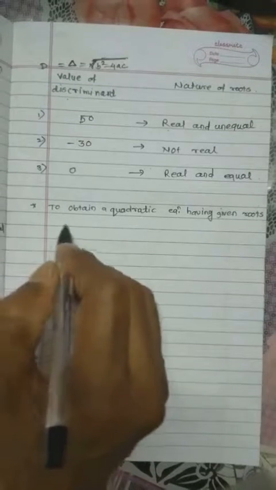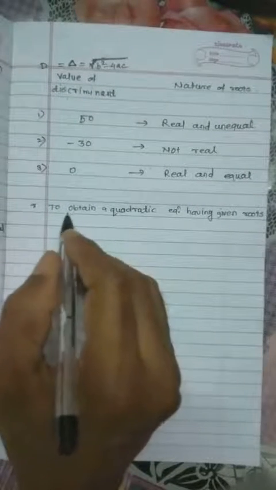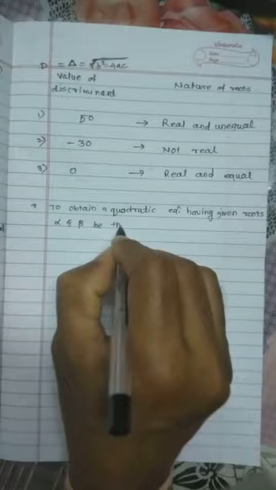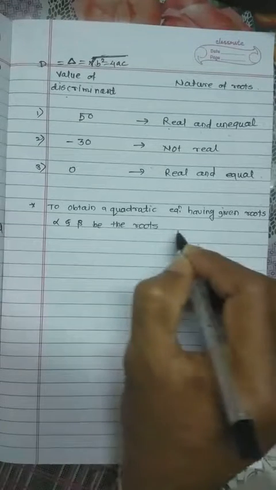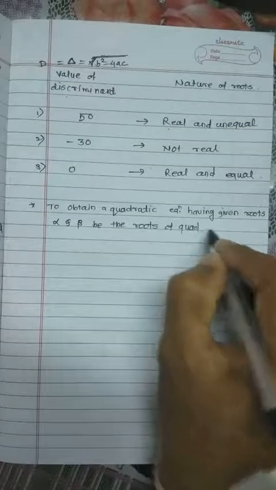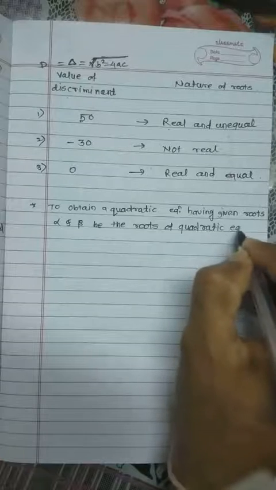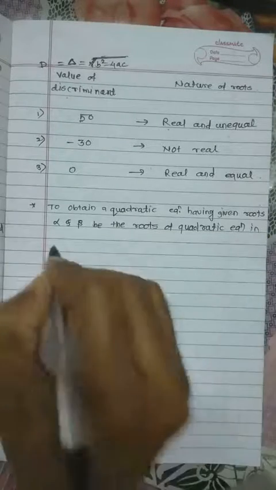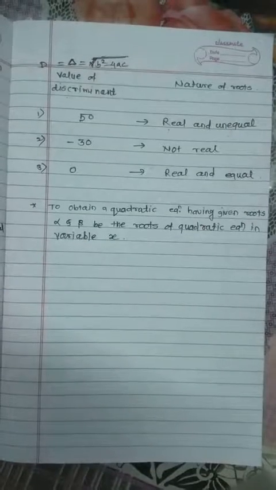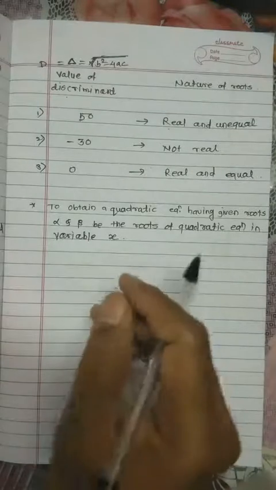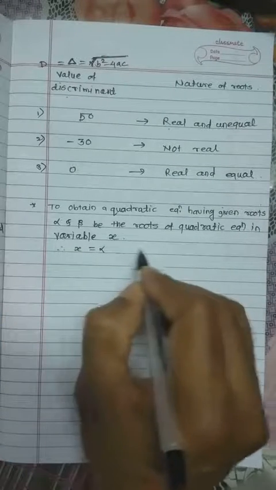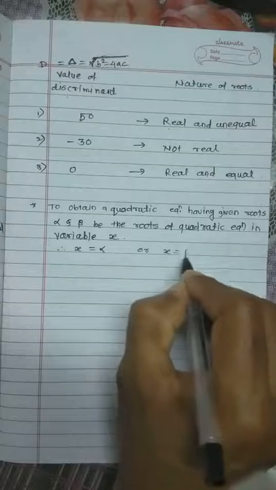So listen carefully. If alpha and beta be the roots of a quadratic equation in variable x, therefore x is equal to alpha or x is equal to beta.